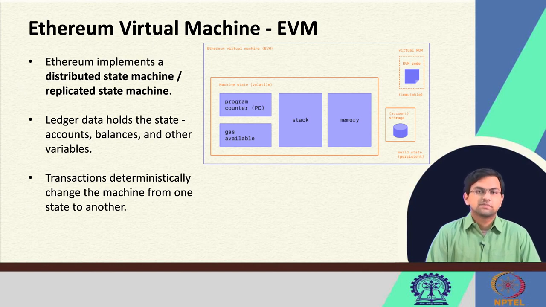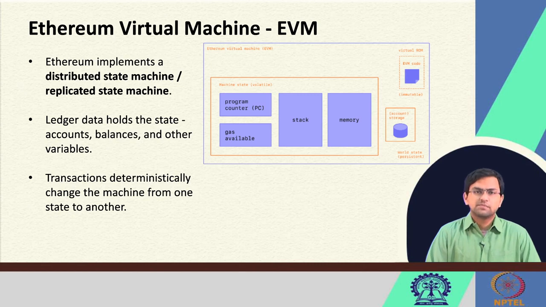So these smart contracts are actually programs which change the Ethereum ledger state from one state to another. The Ethereum data holds the account balances and many other parameters. Apart from that, the smart contracts can also define their own variables, so state variables, and depending upon the execution of the smart contract, those variables can be changed from one transaction to another.